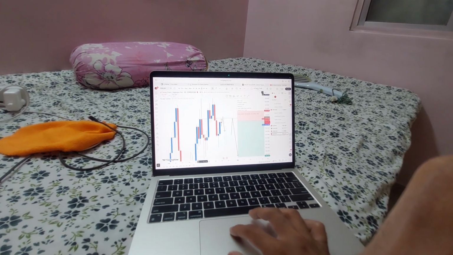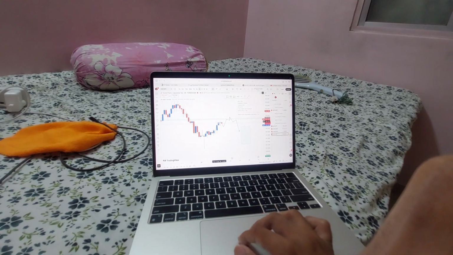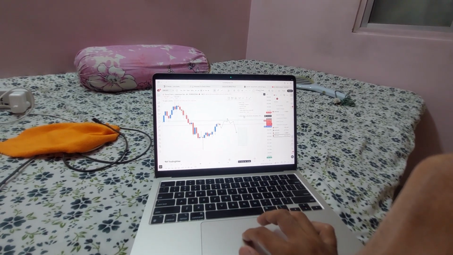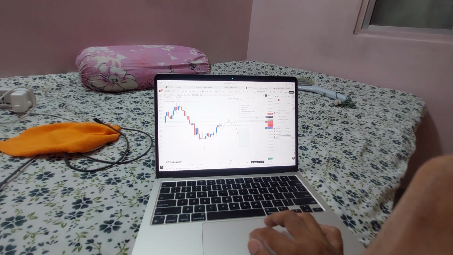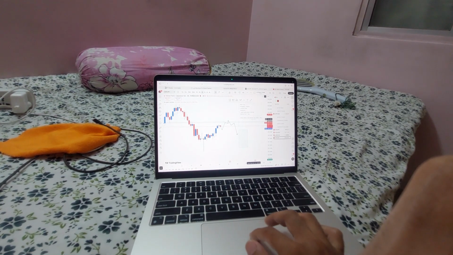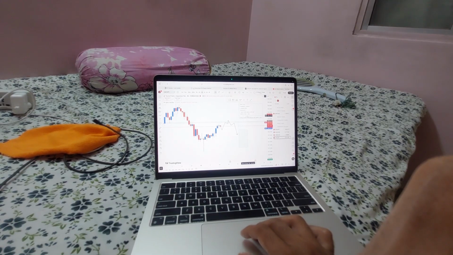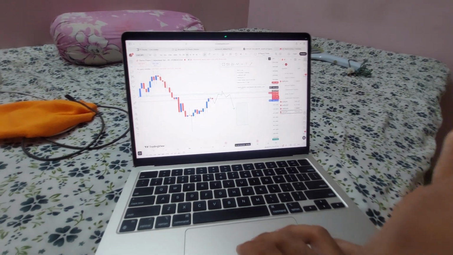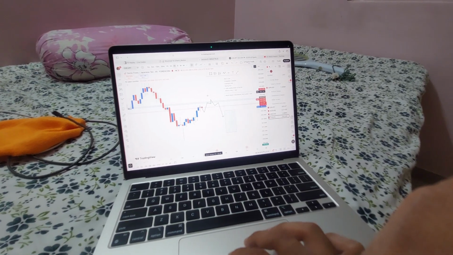Look at this. We need two time frames saying both should be bearish. Right now we have one bullish, one bullish. The same way we should be having two bearish, but we don't have two bearish in our hand.